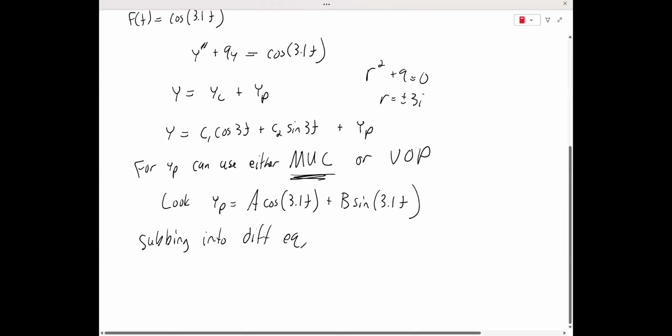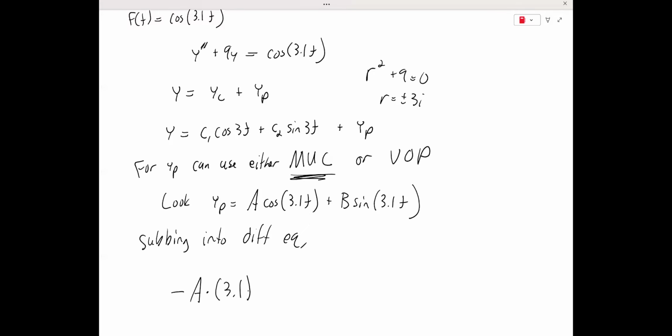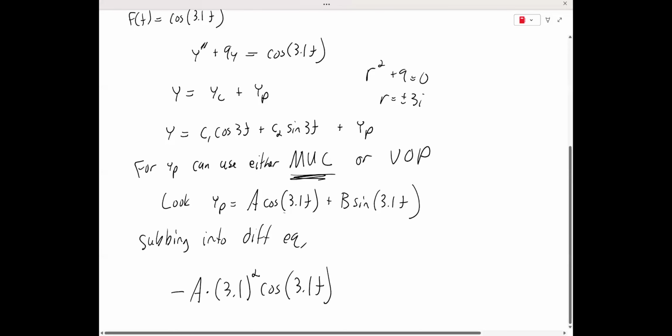So you get a, negative there, and then it goes back to cosine. And then the chain rule, I've got to watch out. I can do the chain rule a couple times, a little bit messier. So you get negative a times 3.1 squared, and it goes back to the cosine, because every time you take the derivative, it kicks out a 3.1.